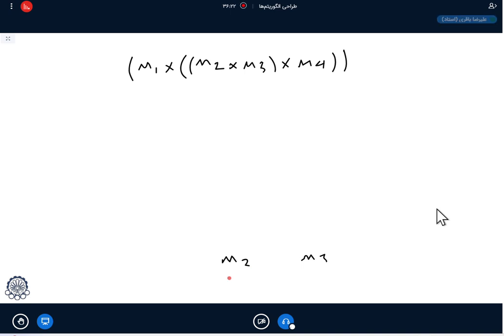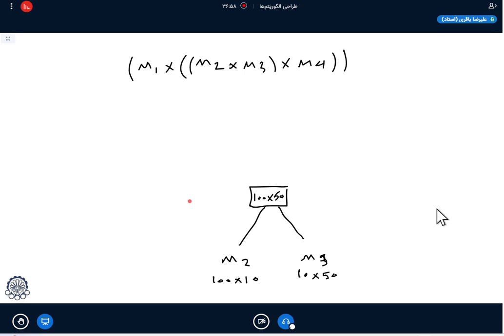M2 has 100 rows and 10 columns. M3 has 10 rows and 50 columns. If we multiply these two, we have a matrix of 100 rows and 50 columns.